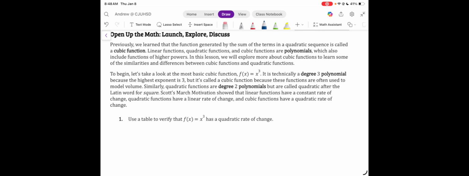All right, so the cubic, as it says here, is a degree 3 polynomial because the highest power is 3. The degree is the highest power. Okay, so we're going to use a table and verify the quadratic rate of change. That's what we did in the previous lesson, whenever you did the previous lesson.